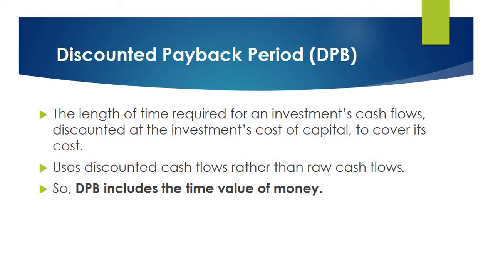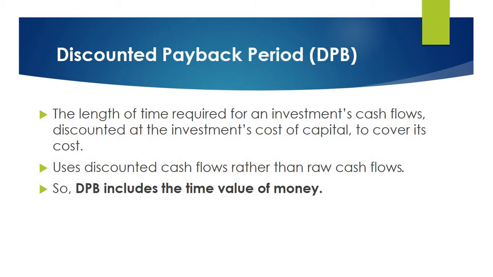The length of time required for an investment's discounted cash flows to cover its cost is called discounted payback period. So the discounted payback period uses discounted cash flows rather than raw cash flows. Raw cash flows are used by traditional payback period, whereas discounted payback period uses discounted cash flows. These discounted cash flows are calculated using the cost of capital as a discount rate.